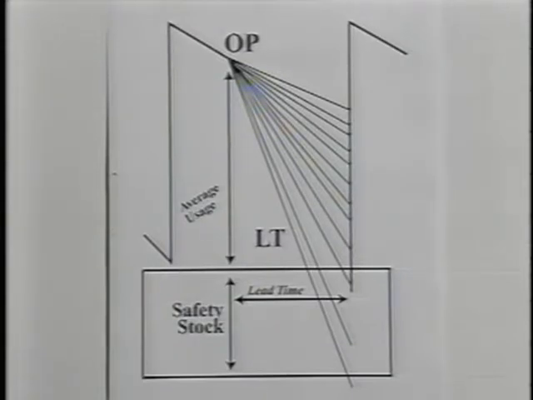And you also notice we have a lead time line which is horizontal. So if we take the average usage times the lead time, we would get the first half of that particular order point formula. And then we would add to that the safety stock portion.